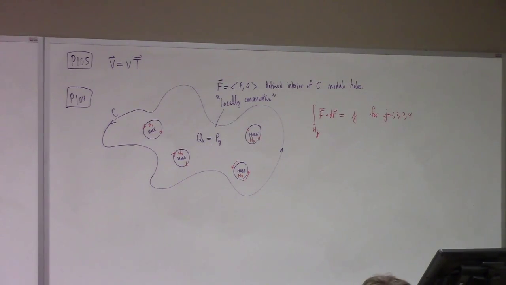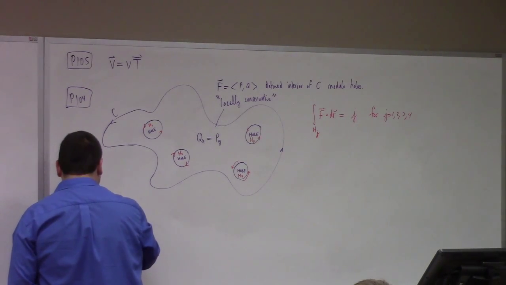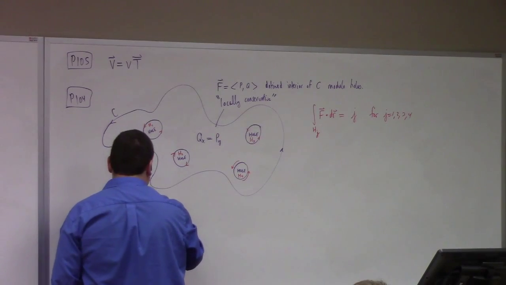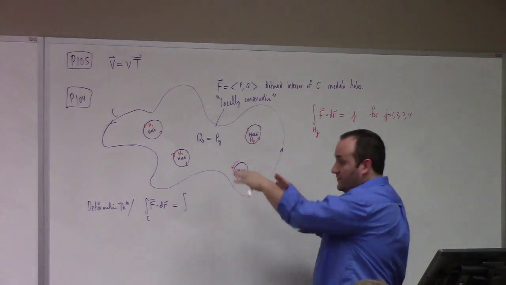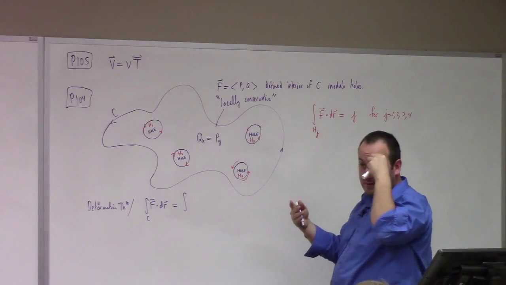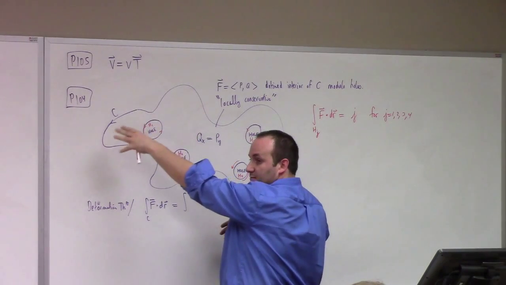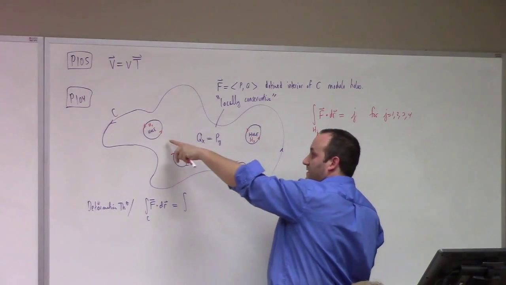That information paired with the deformation theorem is enough to figure out what the integral around the outer loop is. What do we do? The deformation theorem states that the integral around the outer curve C of F dot dr is equal to the sum of the integrals over the holes, provided we orient the holes in the same fashion. So, since I have an outer curve which is counterclockwise oriented, the holes that are also counterclockwise oriented count as positive.